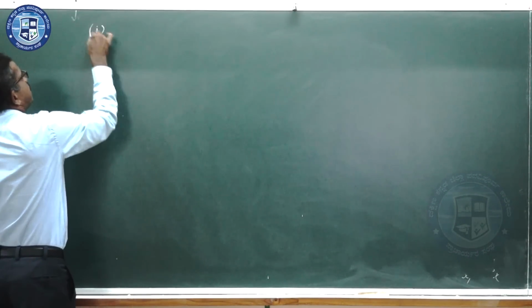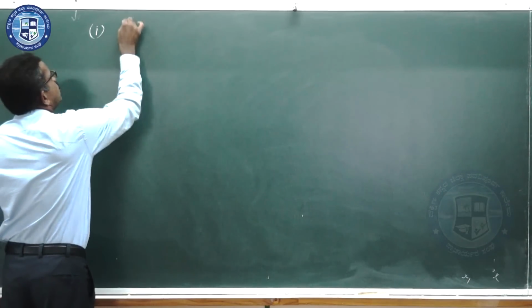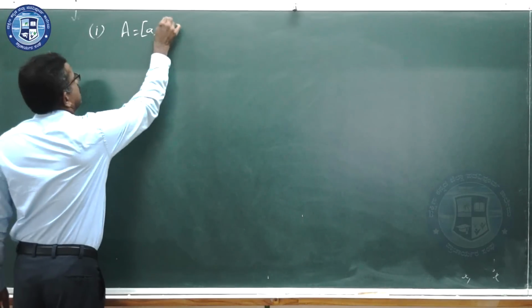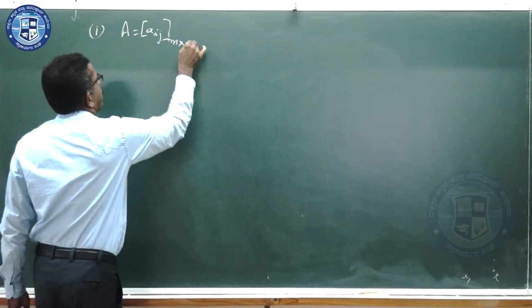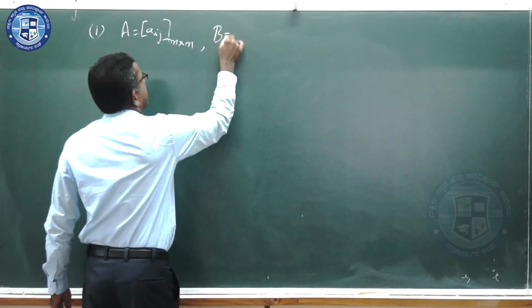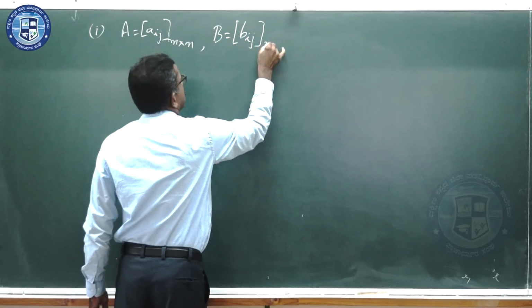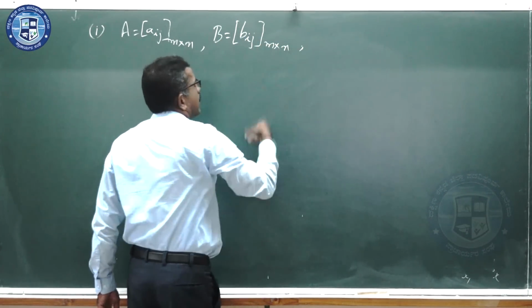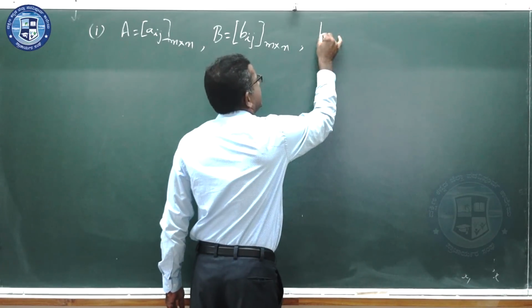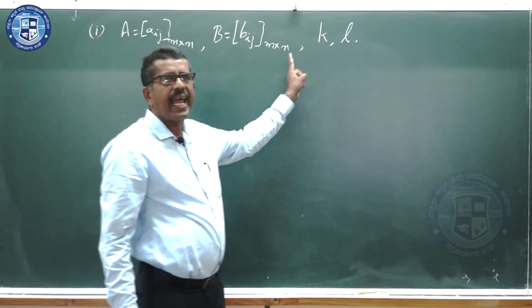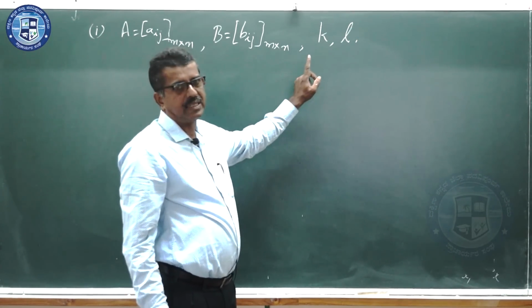So the very first property, suppose we have a matrix A of order m cross n, B a matrix of order m cross n, and let me take two scalars, one is k, the other one is L. Let k and L be any two scalars.